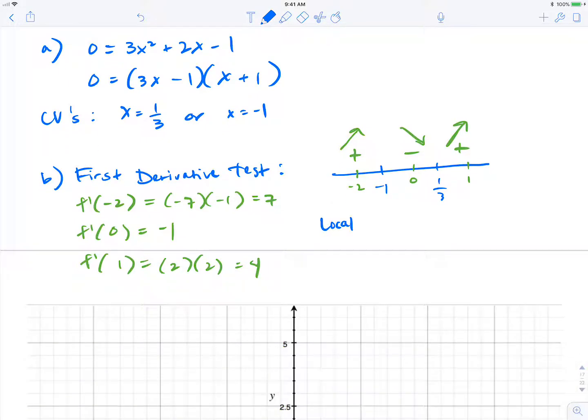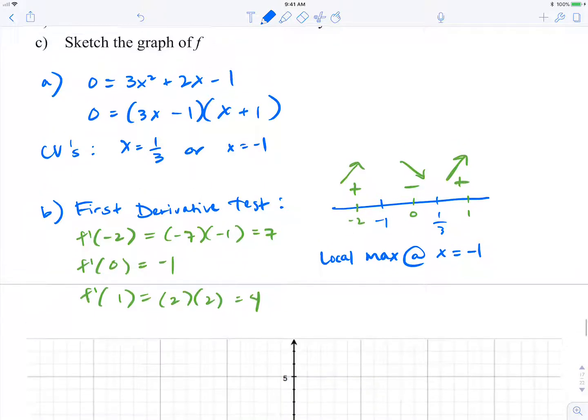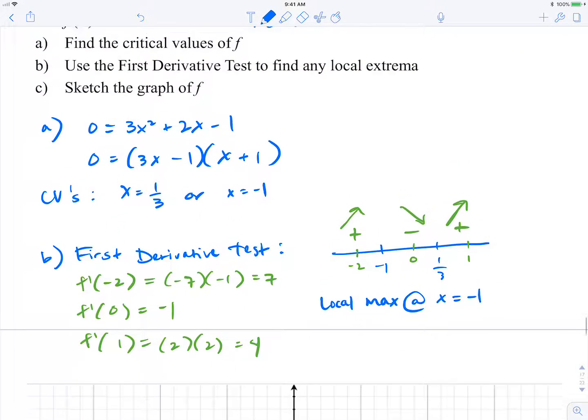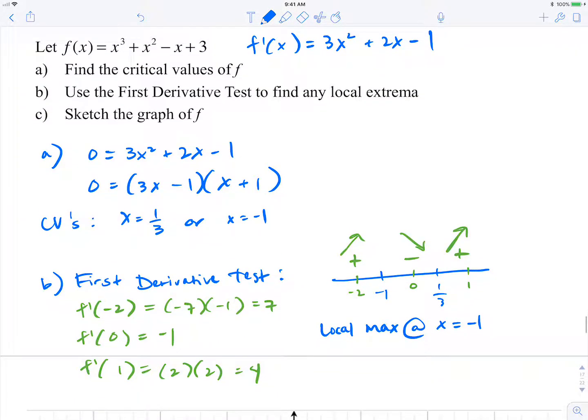local maximum at x equals -1. And we want to find the y value because we want to find the actual local maximum value. So let's find the y value that goes with that x value by finding f of -1.